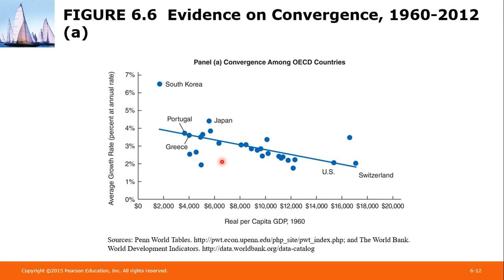Let's look at this graph. You can see the wealthiest nations: US, Switzerland, Japan, Portugal. They are all along this line here. The regression isn't much between them.